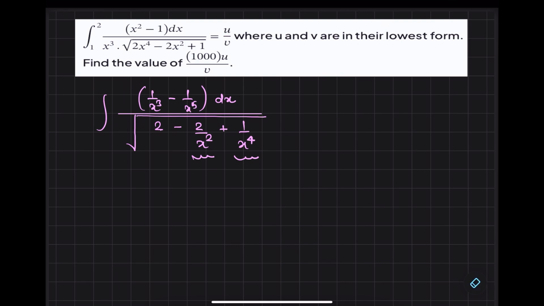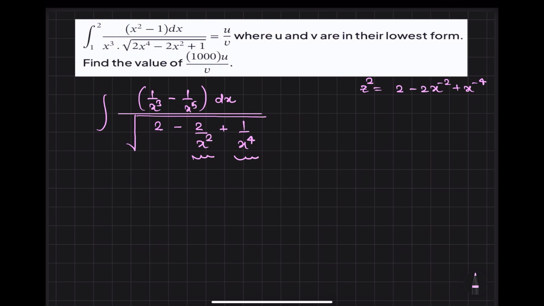Correct? So what I am suggesting, just take that thing as z. So 2 minus 2x power minus 2 plus x power minus 4. Because we are handling a square root, I will take z square instead of z.